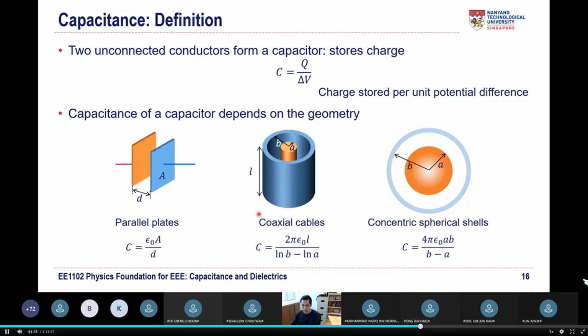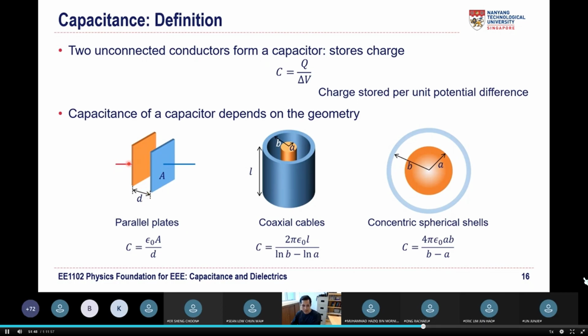So I'm giving you three basic examples of how a capacitor may look. This is the simplest example of a capacitor, where you have a positive plate, and let's say this is a negative plate, and then keep them a distance d apart.